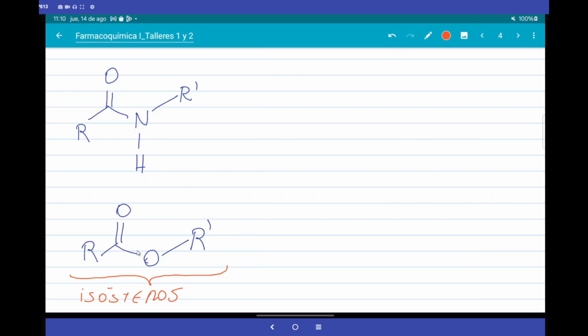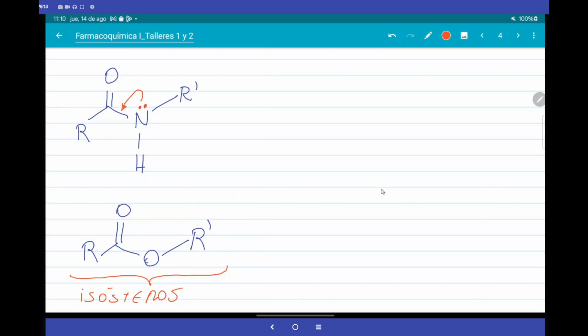Second question. Which of these two groups do you believe is thermodynamically more stable? Perfect, because the amide is more stable. And it is correct. Very well.